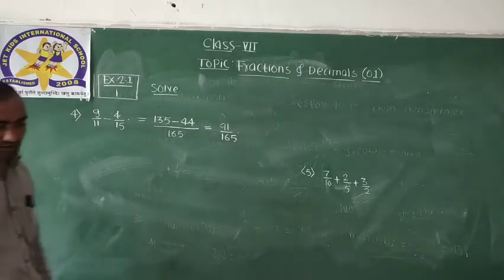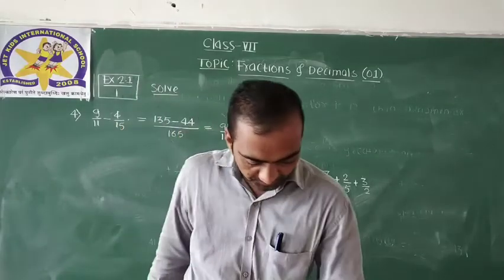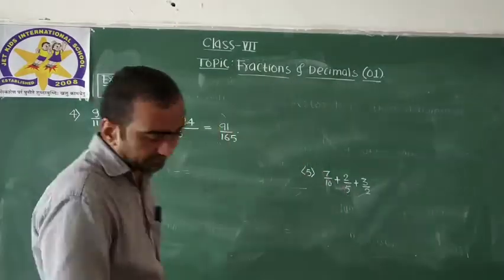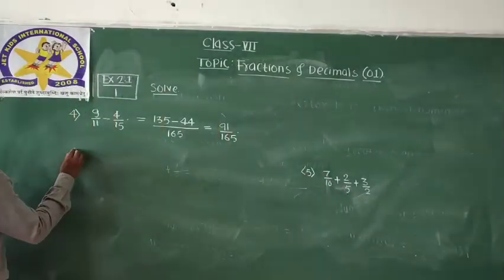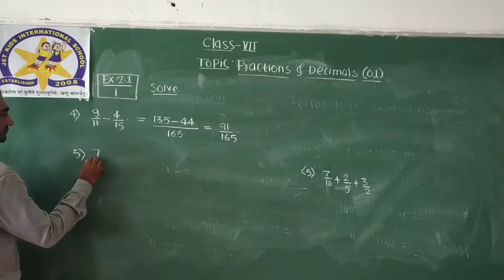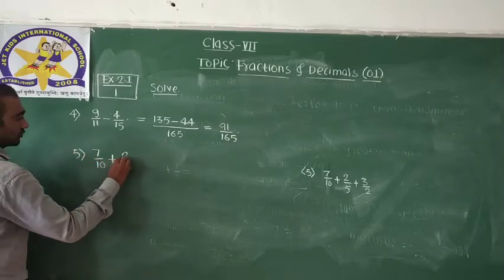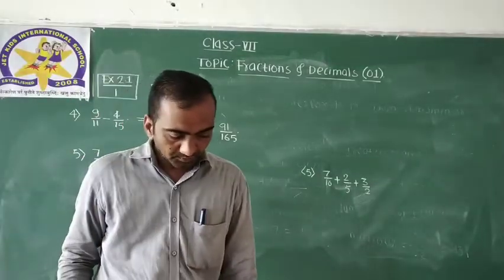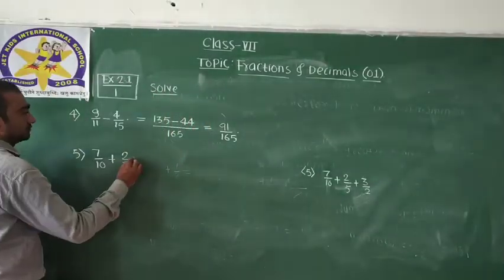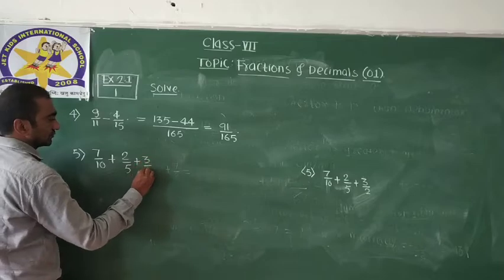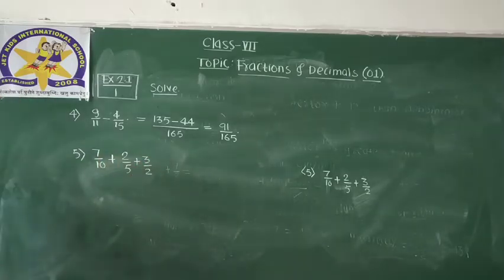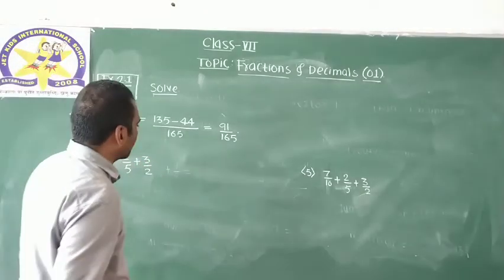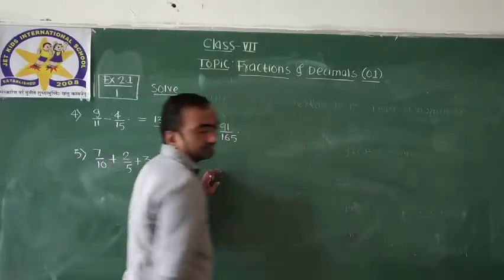After that, question number 5. Question number 5 is 7 by 10 plus 2 by 5 plus 3 by 2. Now here we can simplify this question by taking LCM.